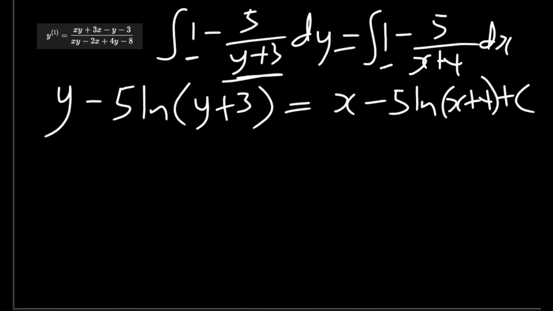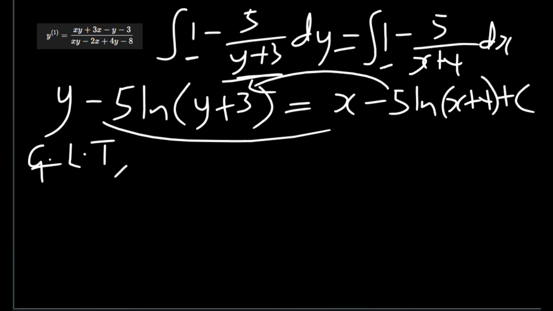Good. So at this point, we could see that we have ln and then ln. So we group like terms. We have ln, then ln, but they are on opposite sides of the equation. So let's rewrite this, and then we send y to the right hand side of the equation. So we have minus 5 ln of y plus 3. Then we bring the other ln to the left hand side, so it becomes positive.